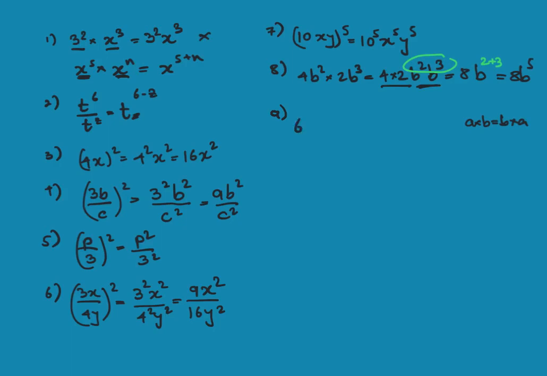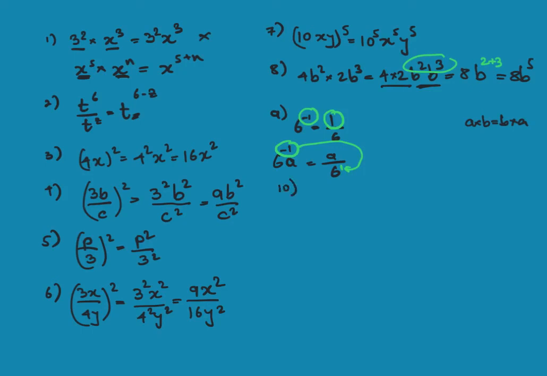So 6 to the power of negative 1 is 1 divided by 6. 6 to the power of negative 1 times a is a divided by 6. The point is again that this one and this one are not the same. So this one, negative 1, becomes positive and is here. Okay, so just make sure we remember that.